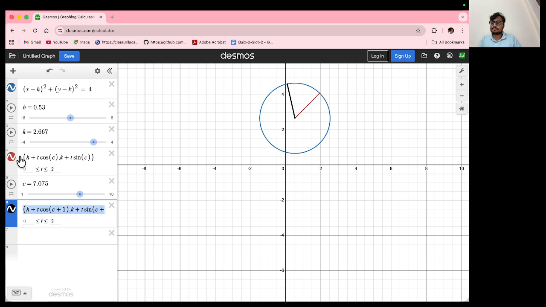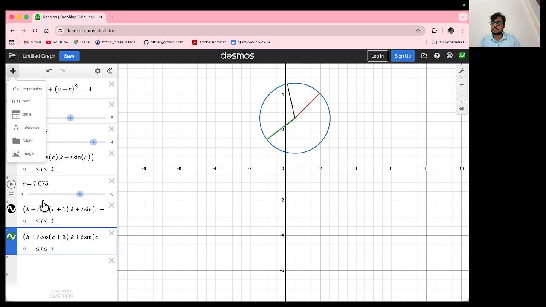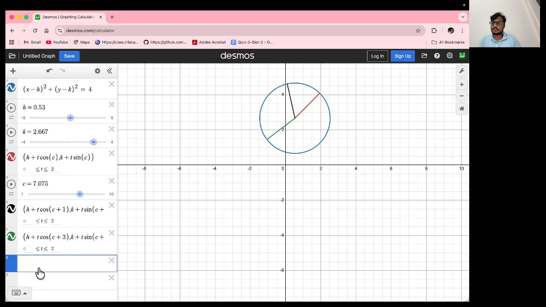Accordingly, I will add some more expressions for polar coordinates, let's say 3, and t's boundary condition is something like that. And I will add some more polar coordinates over here.